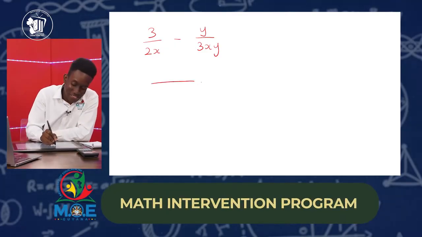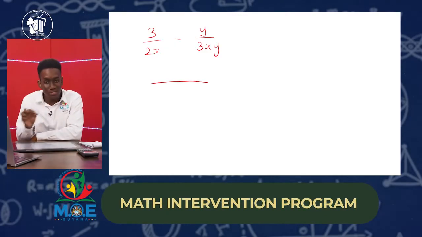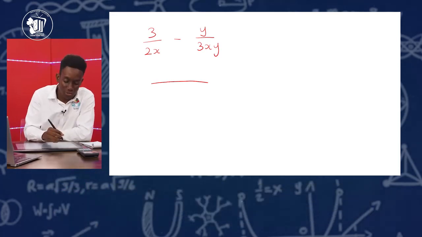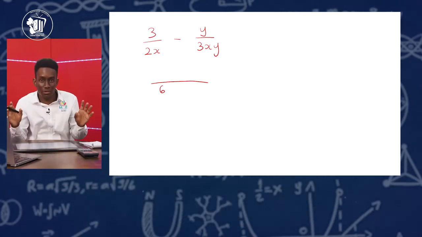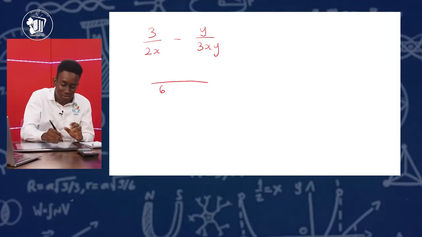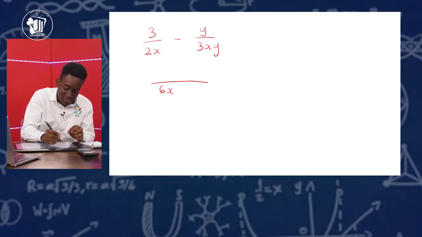So we find the LCM of those two denominators. We take the numbers first, 2 and 3. The LCM of 2 and 3, we know, will be 6. And then we find the LCM of the variables. We see x and we see xy. We see x is common, so we put that back as the LCM and we just bring back the y.